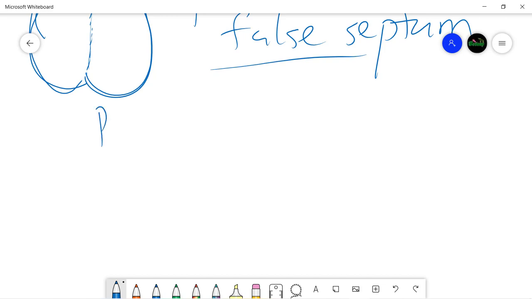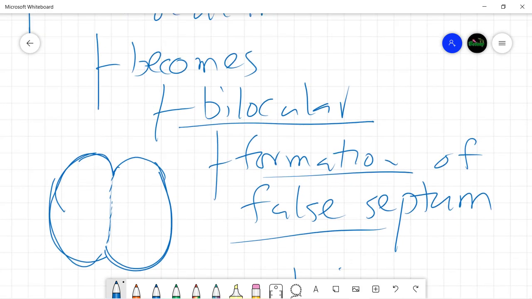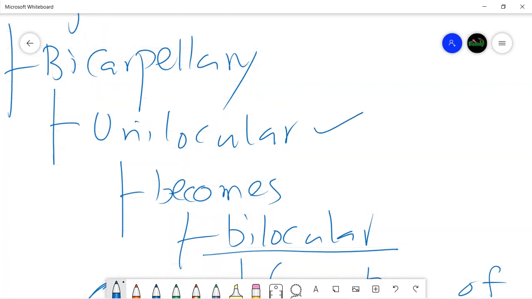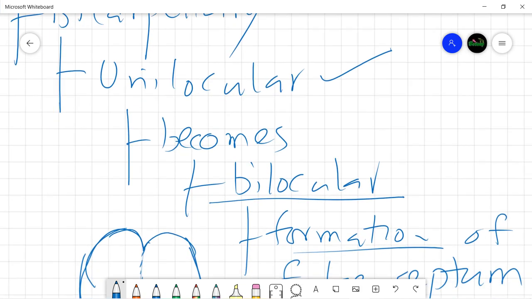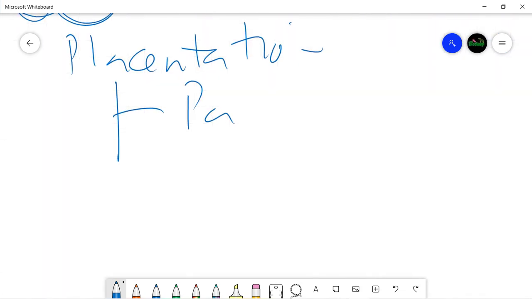Next is its placentation. And placentation is a different one, although it's bicarpellary. Apiaceae was also bicarpellary, but as we have seen the differences, here it is unilocular. In Apiaceae it was bilocular. And placentation is parietal. In Apiaceae it was axile placentation.